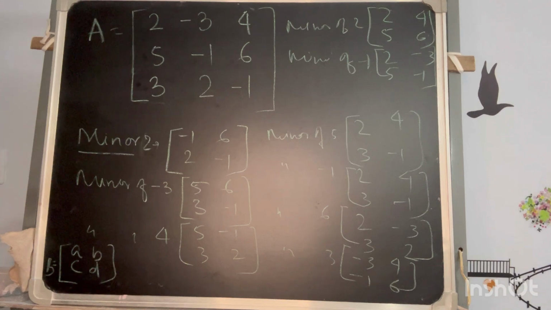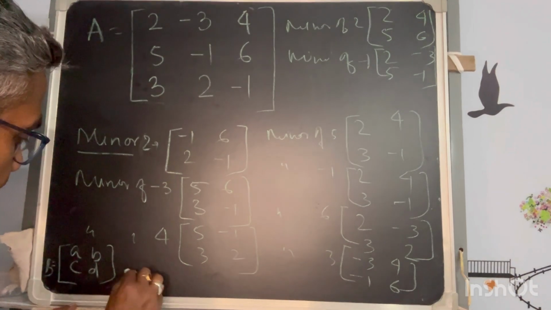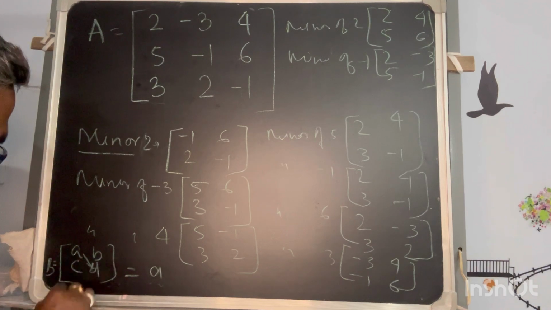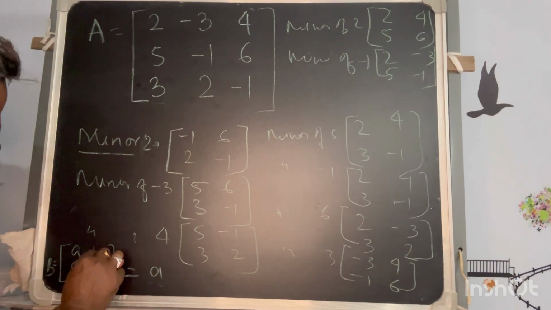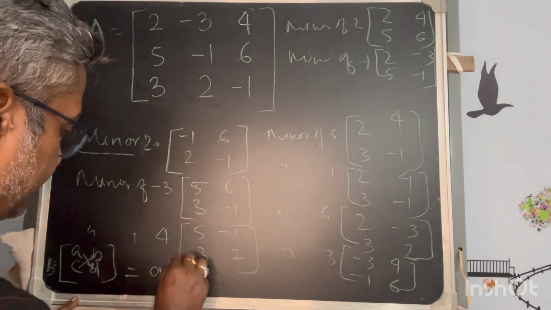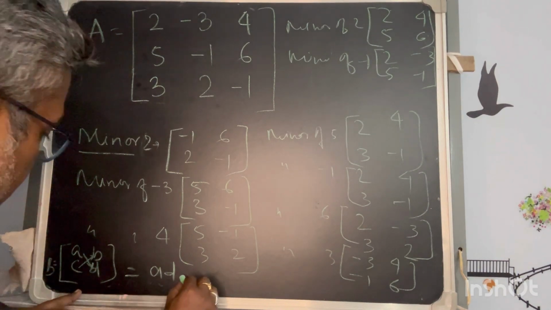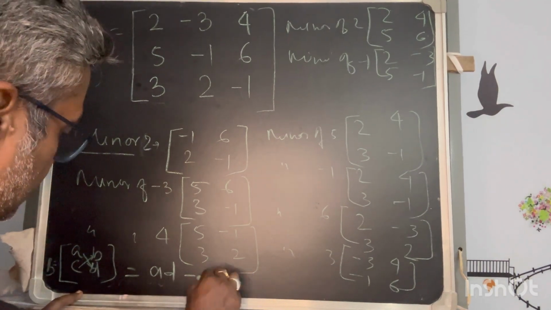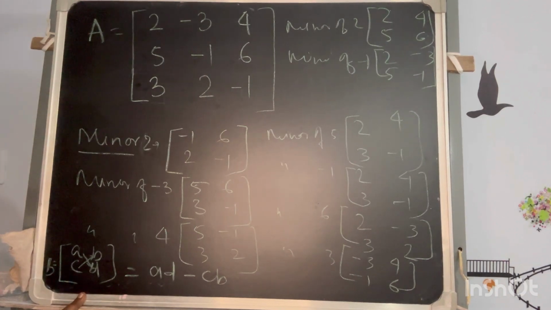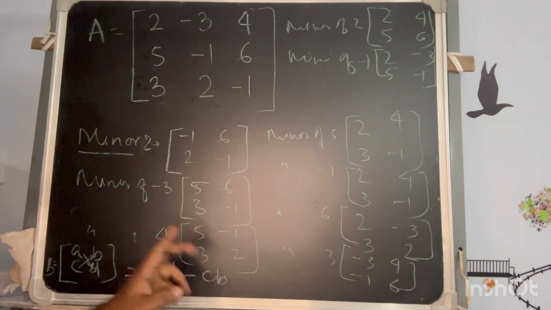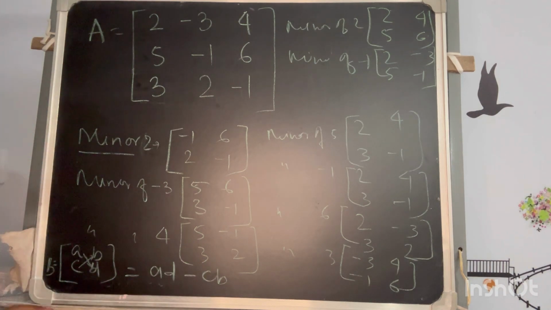The expansion, if it is second order, comes by multiplying this into this minus this into this. So AD minus CB, isn't it?